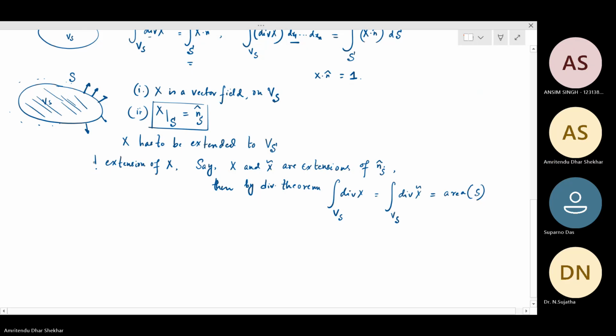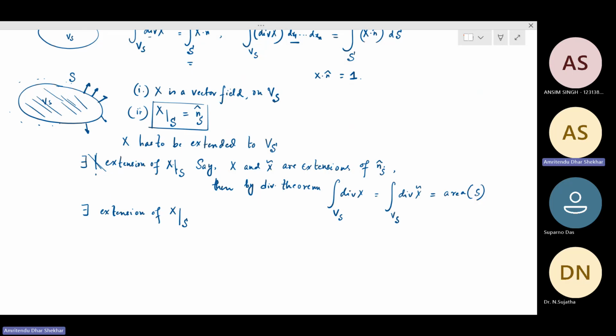So actually, there exists a non-unique extension of X, but there always exists an extension. Now, what is the proof that such an extension exists?